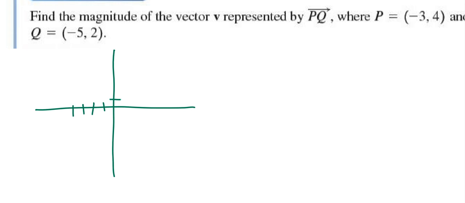Okay. (-3, 4). 1, 2, 3, 4. So (-3, 4). That's my P. And then my Q, (-5, 2), right. Please make sure that you drew your vector like that.